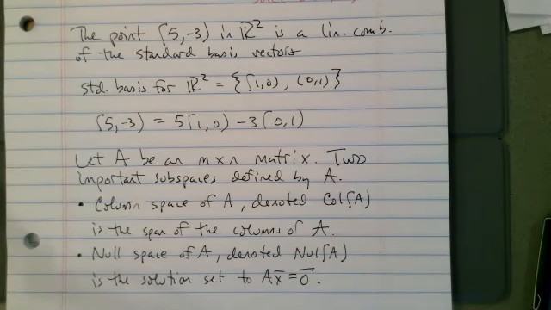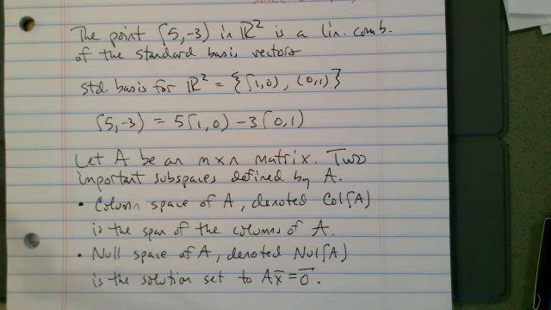When we're talking about subspaces, we want to think about the span of a set of vectors. We want to find a basis for that subspace. That should be our goal when we're thinking about subspaces, because we want to think about what the building blocks of that space are. So the column space of A is the span of the columns of A. To build a basis for the column space, we start with the spanning set, which is just going to be the columns of A. But we want to cut that down to a basis.